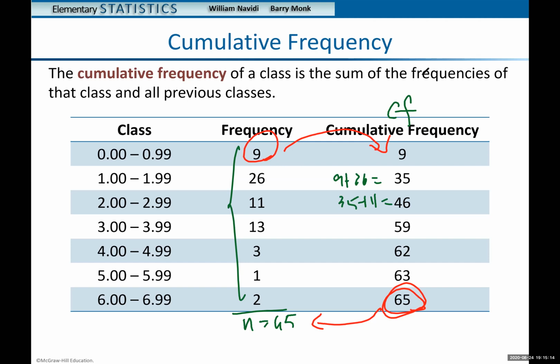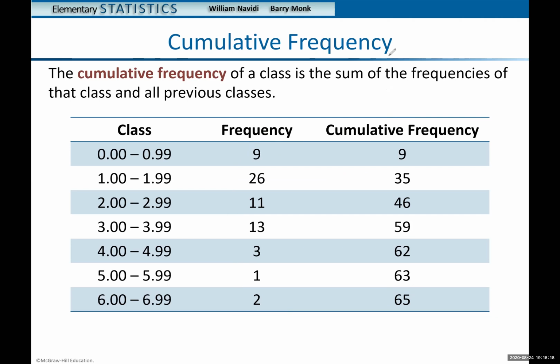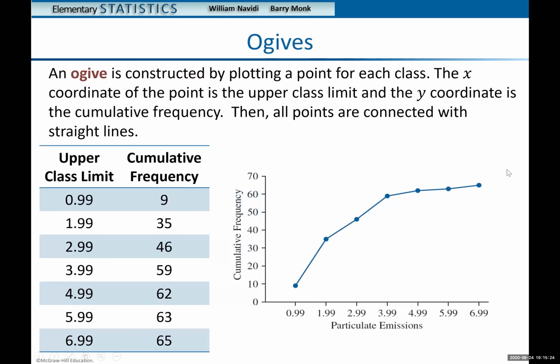All right, so we need to use the cumulative frequency to graph the next one, which is what you call the ogive. So for the ogive, you use cumulative frequency as your y-axis.